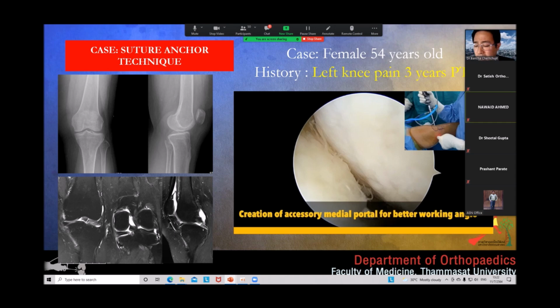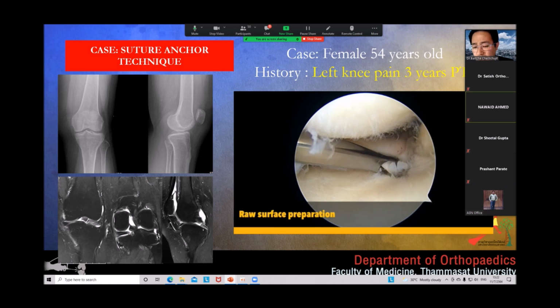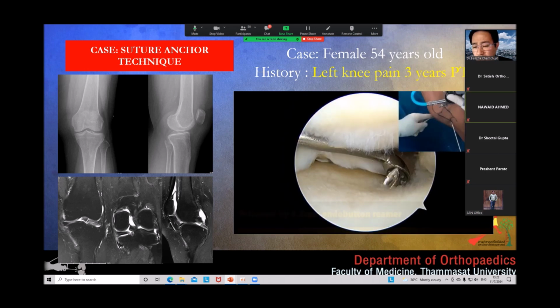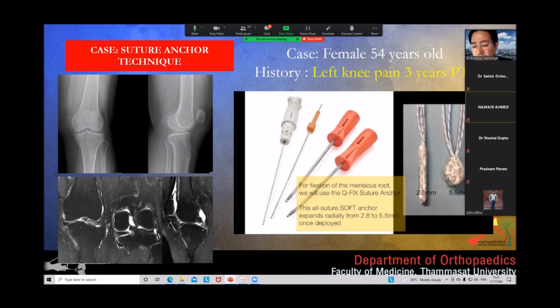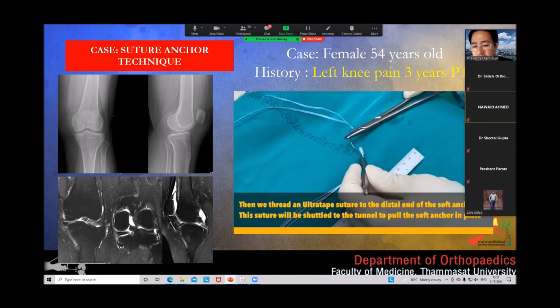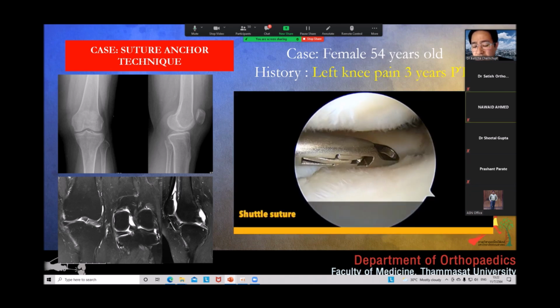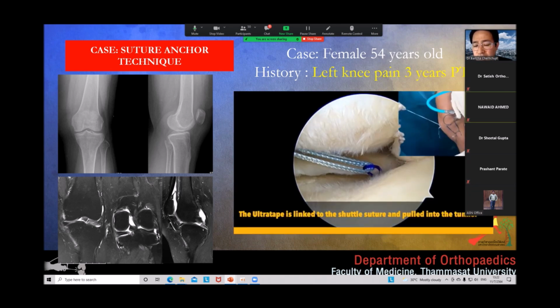I think the length from the fixation to the repair site is too long, so you may have the bungee effect. Nowadays, I changed my transtibial to this technique. This is a suture anchor. It's very simple. You make a transtibial tunnel first, and then you can use a soft anchor like Q-Fix or whichever.